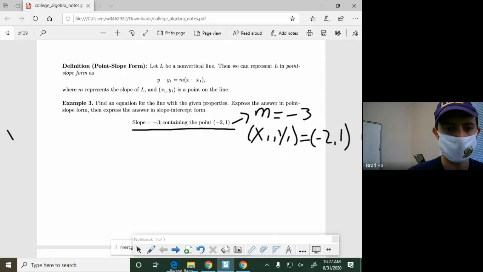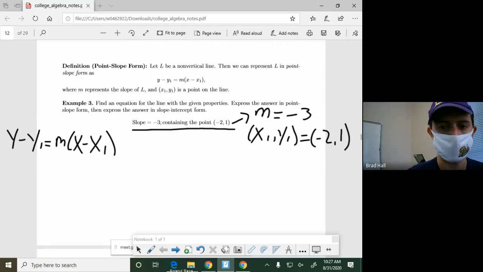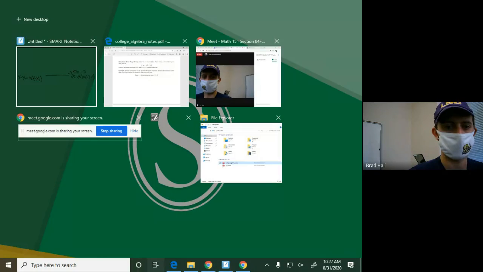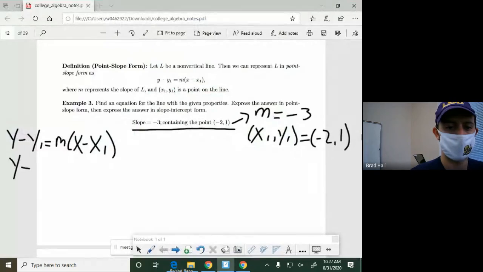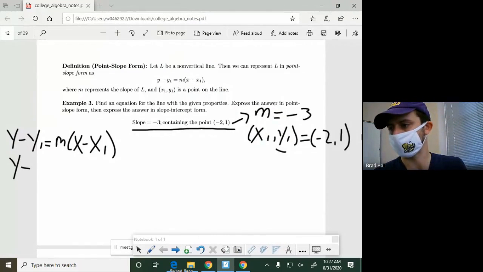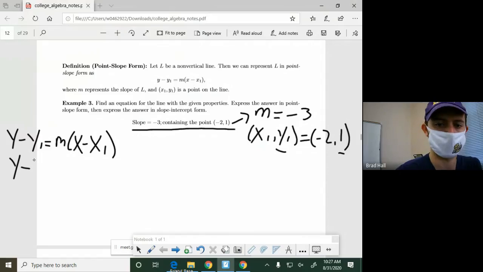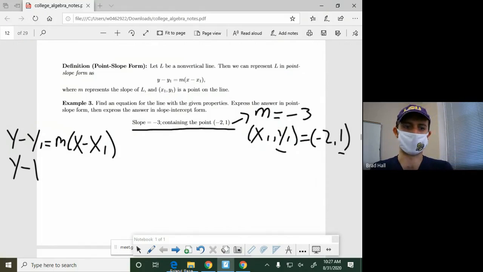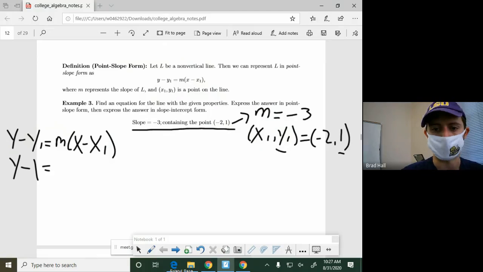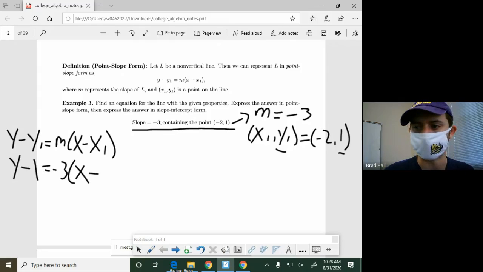So the formula is y minus y1. I'll just write it out to be very explicit. The y1 is just +1. There's already a minus sign in the formula, so I have to keep the minus sign. The slope is -3. x has to stay because it's a variable, minus x1, where x1 is -2.